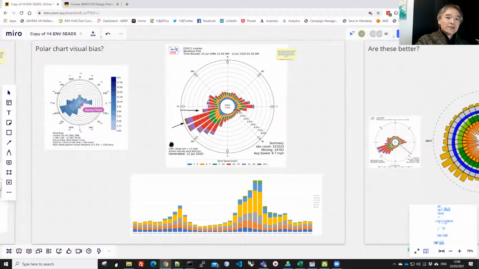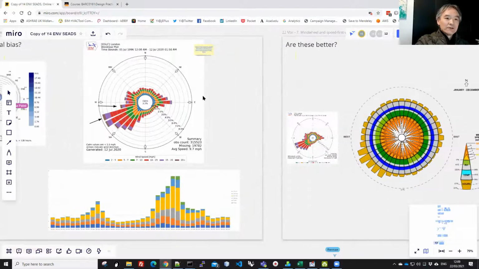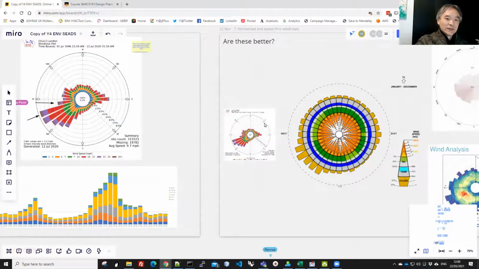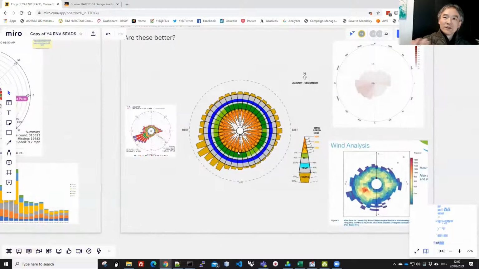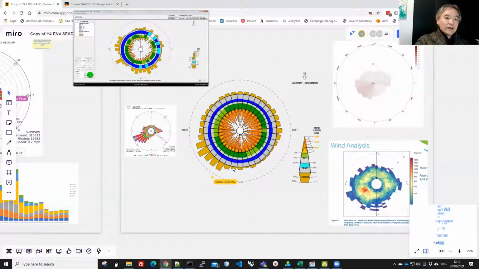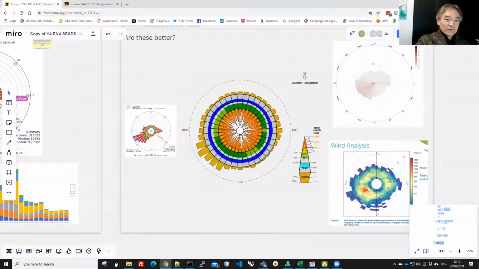And if you look at this chart, this one is a little difficult to read because I encoded so much information in there. But it actually has measures to counteract this fan-out effect. For those who don't use this very often, in the center bit there's a legend to tell you how to read it. So the inner triangle shows the mean, average, and the max wind speed. The outer area, this bit, shows the frequency.